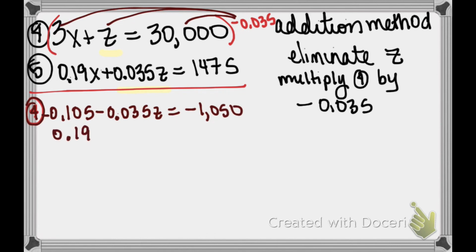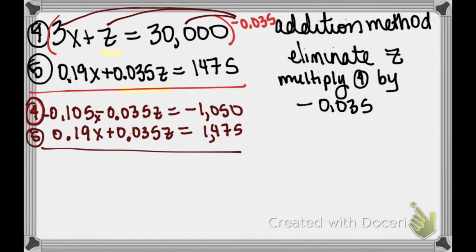Okay, now I want to bring down equation 5, and I am going to add these two equations together. It's the addition method, so I get two of them as opposites for one variable and add them together.